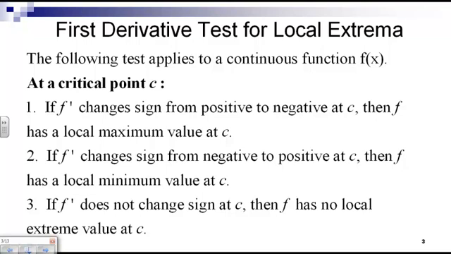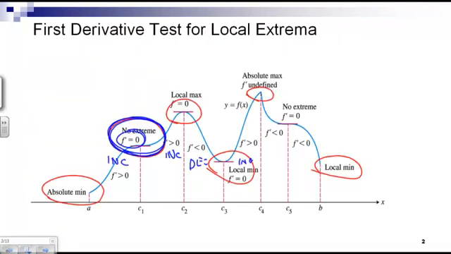All right, let's go back now to our picture. So over here, let's focus where we have an absolute minimum, which happens also to be a local minimum. What can we do to look at the derivative to determine whether that is a local min or local max? How about if I'm on the left endpoint of an interval?